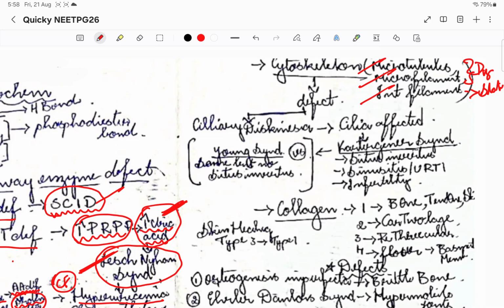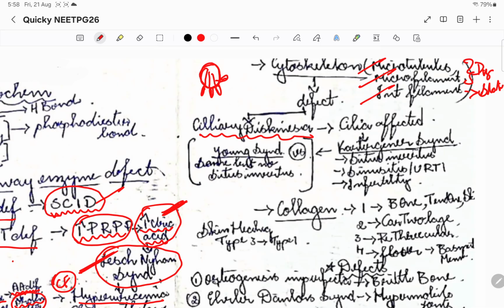The first thing you should focus on is ciliary dyskinesia. Basically, this is a cell, and suppose flagella and cilia are there. The cilia should also have a skeleton.